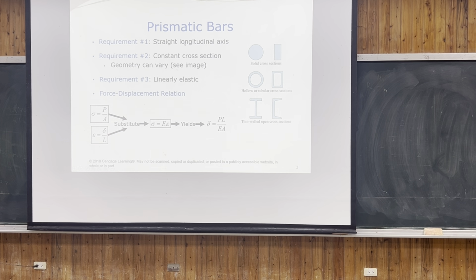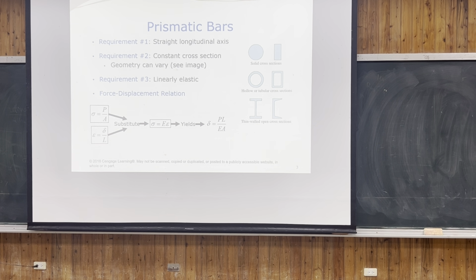When we are talking about prismatic bars, first I would like to give a little introduction to this equation right here, delta equals PL over EA. It is based on Hooke's law: the stress equals Young's modulus times strain.